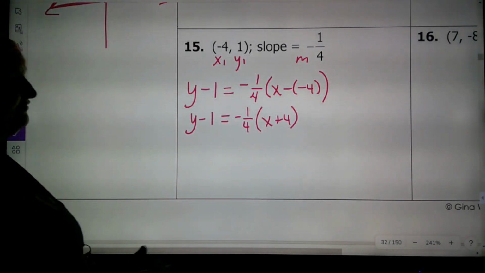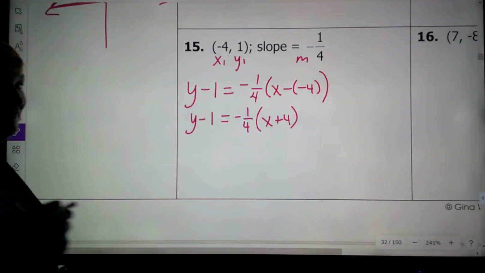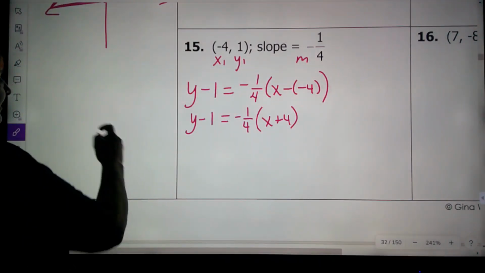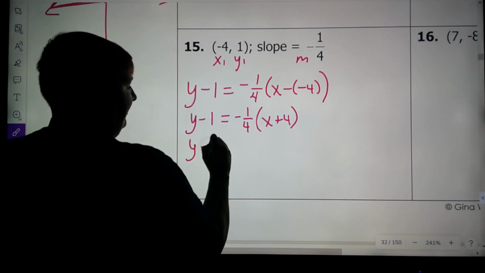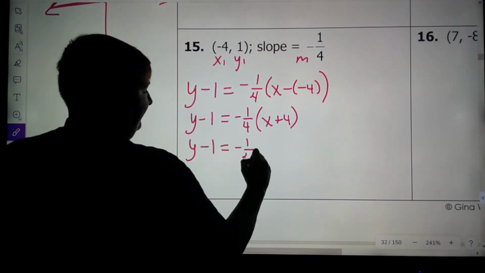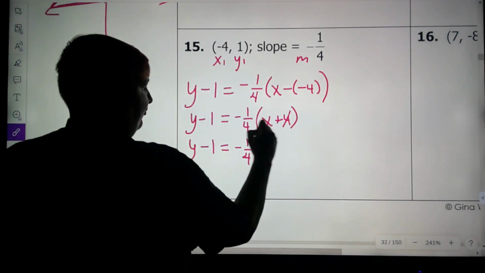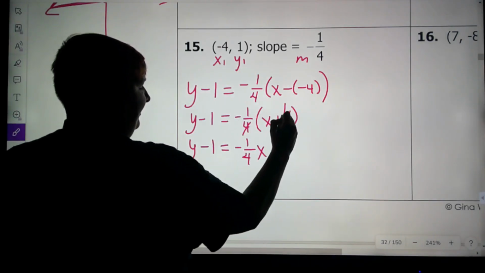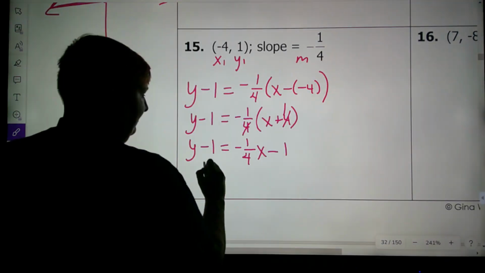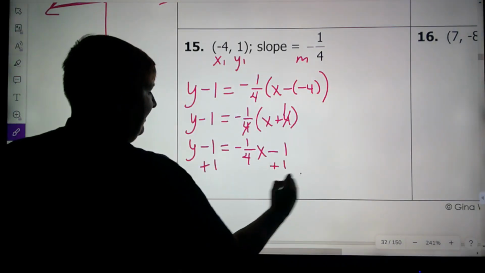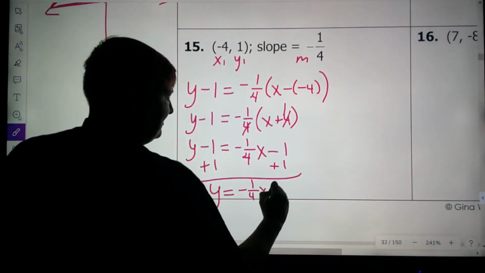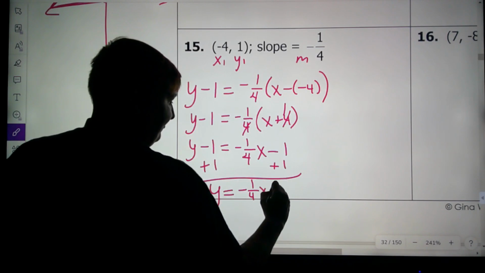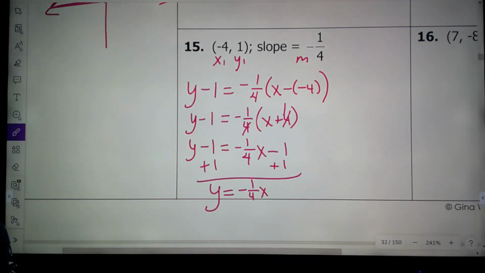When you are ready for that, feel free to skip steps, but you still have to show your work. I'll show you what I'm talking about when I'm finished. y minus 1 equals negative 1/4 x. 4 over 4 is 1. Negative 1 times 1 is negative 1. Add 1 to both sides. y equals negative 1/4 x plus 0. You don't even have to put plus 0.